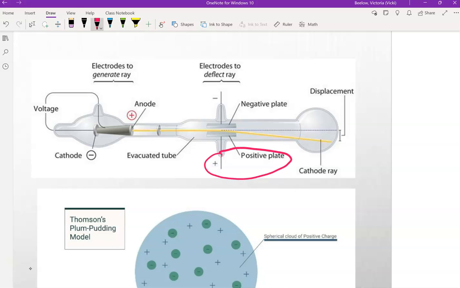Something has a positive charge, which makes sense because opposite charges attract. Versus like charges, so the electrons, which have a negative charge, would repel from another negative charge.